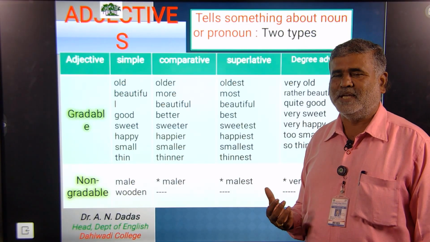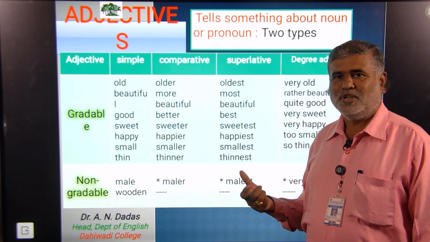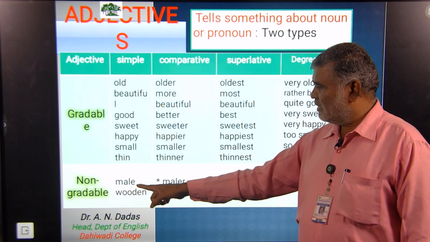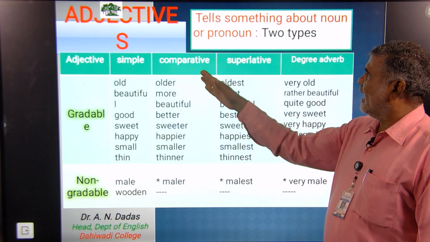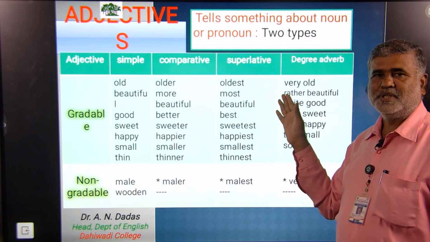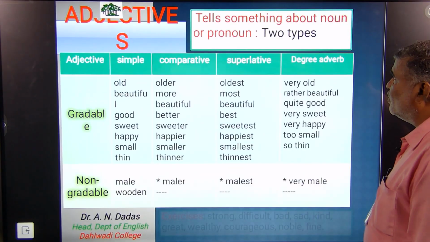For example, if I say male frog, male donkey, male is used as adjective, but we don't have comparative, superlative and degree adverbs for non-gradable adjectives.